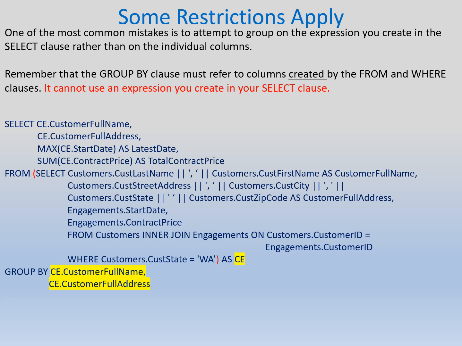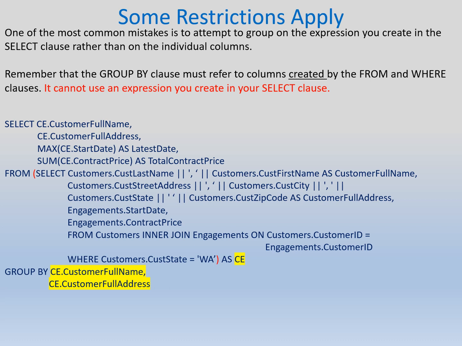One of the most common mistakes is to attempt to group on the expression you create in the select clause rather than on the individual columns. In this select statement, the individual columns are customer full name and customer full address. The expressions created in the select clause are the max aggregation and the sum aggregation. They cannot be part of the group by clause.